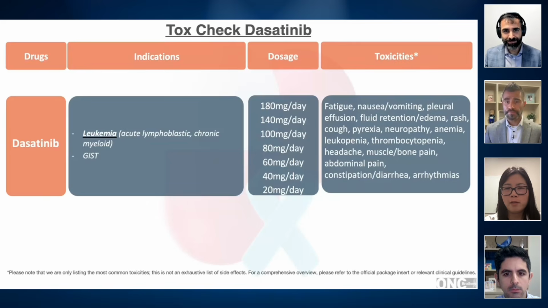On the FDA label, the newly diagnosed CML starting dose is 100 milligrams daily. Certainly, there are people that I would consider starting even at 50 milligrams daily, and there have been studies showing that the efficacy is not compromised at a lower dose. Now, do I do that for all patients? Some I do start with 100 milligrams.